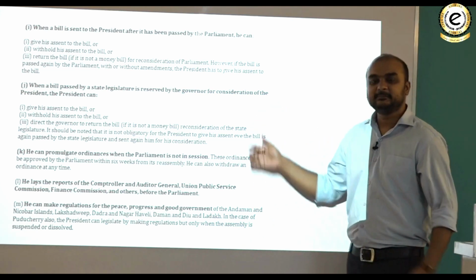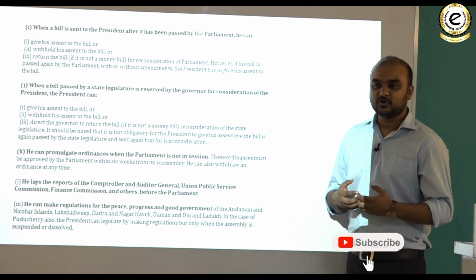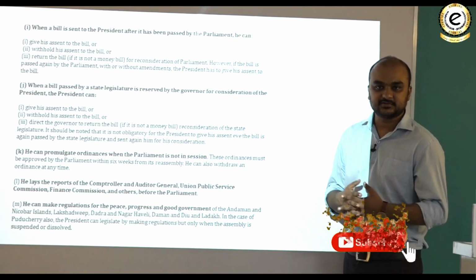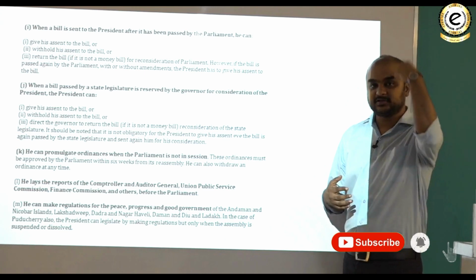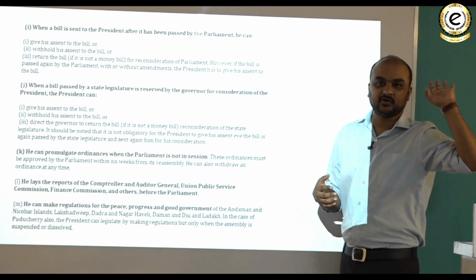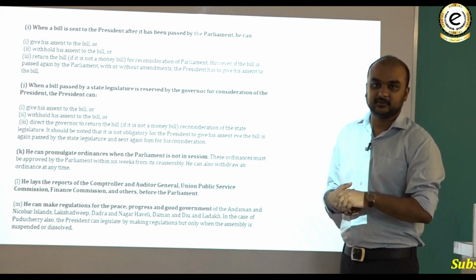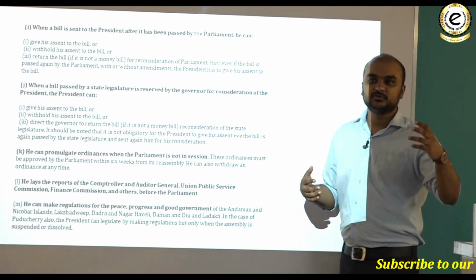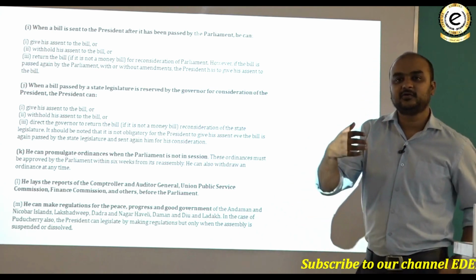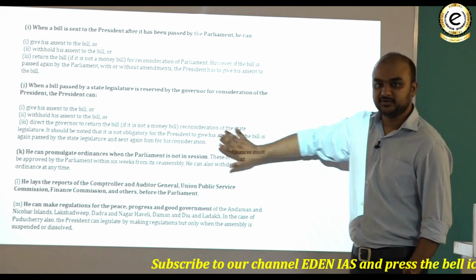Well, you see that state politics often functions on narrow considerations. Say, for example, some state says that we renounce the practice of a particular language, which is the official language of India. Therefore, to prevent such kinds of mishaps, this power has been conferred on the union executive through the President.